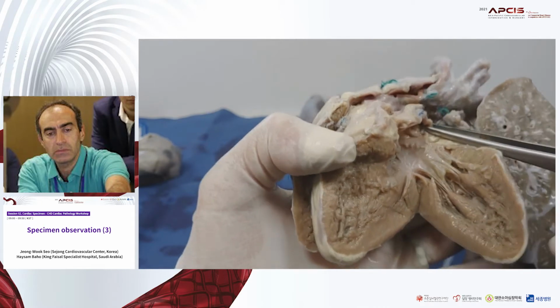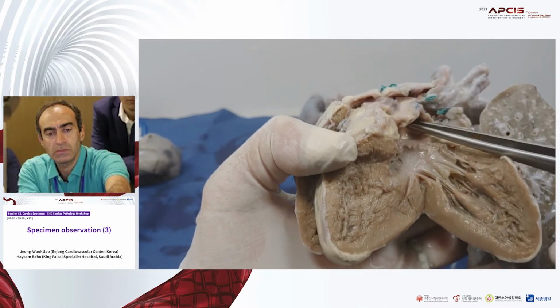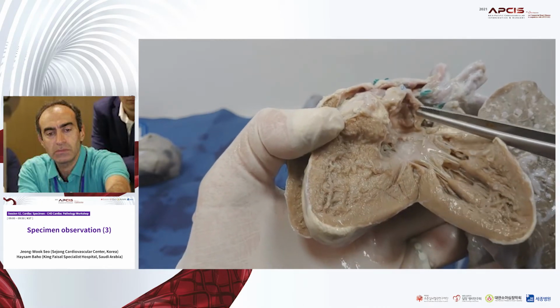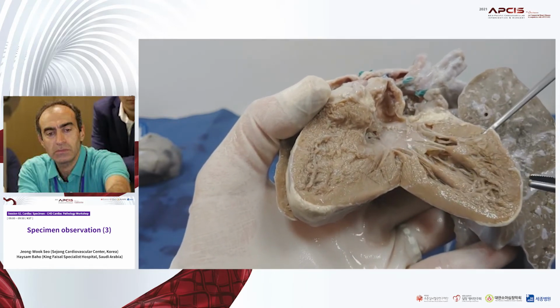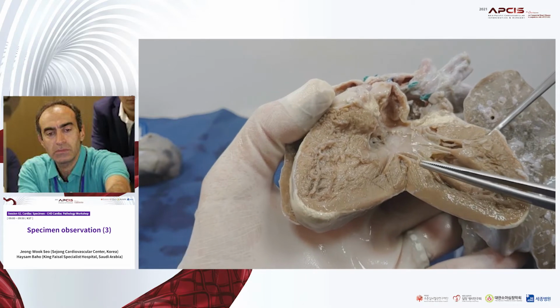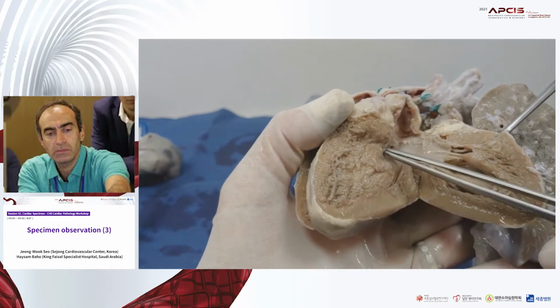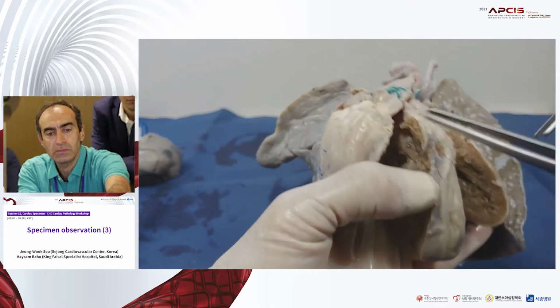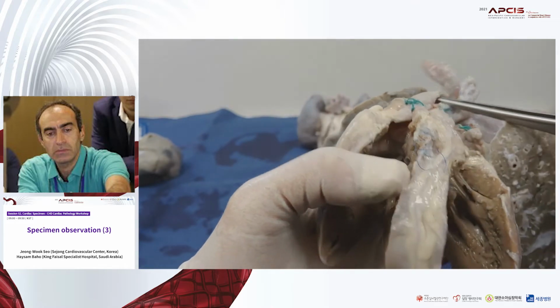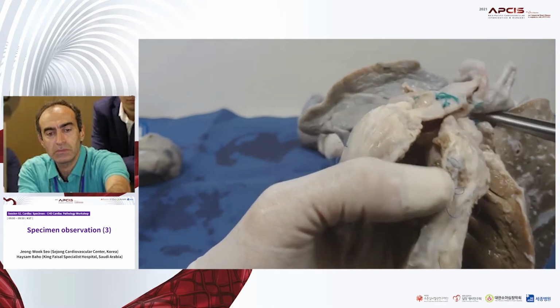And that stenosis actually helps the patient by directing more oxygenated blood flow through the ventricular septal defect into the right ventricle. So it goes from here into the right ventricle, and it adds to the oxygenated blood going to the rest of the body.